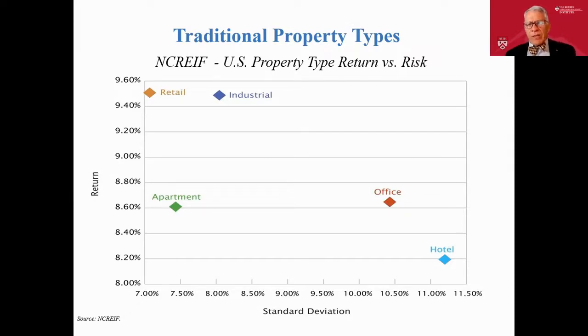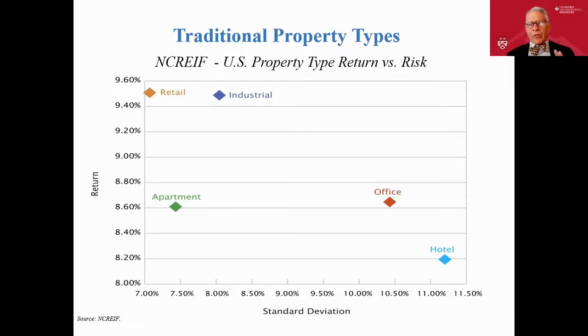And many of you are probably thinking, wait a minute, retail has had historically the highest return and the lowest standard deviation. But now you have to look at the composition of what it is made up of. We have institutional investors who, over the last 40 years, were looking for the highest quality retail.